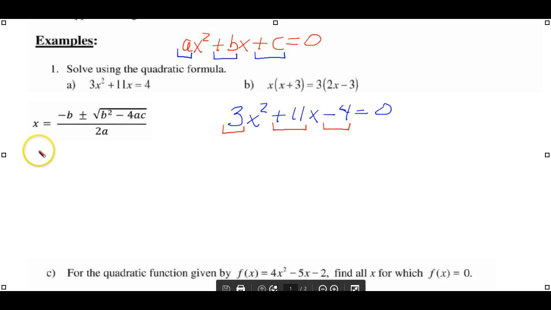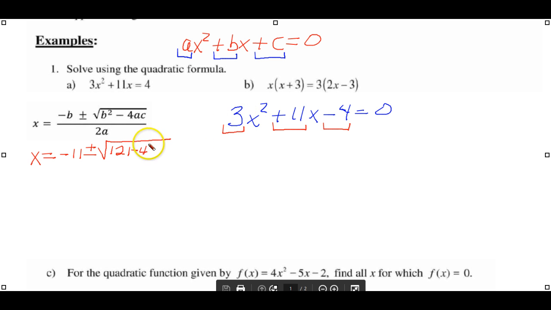And now we'll substitute. So x equals a negative b. So b is 11, so negative 11 plus or minus the square root of. Now, b squared will be 11 squared, which is 121, minus 4 is in the formula.